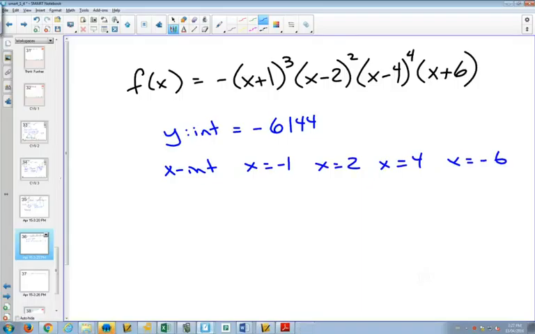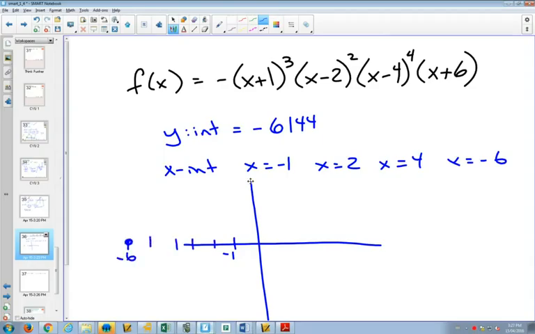So as far as graphing this goes, I would say maybe a scale of 1 is nice along the x-axis. Negative 6, negative 1, 2, 4. Those are your x-intercepts.